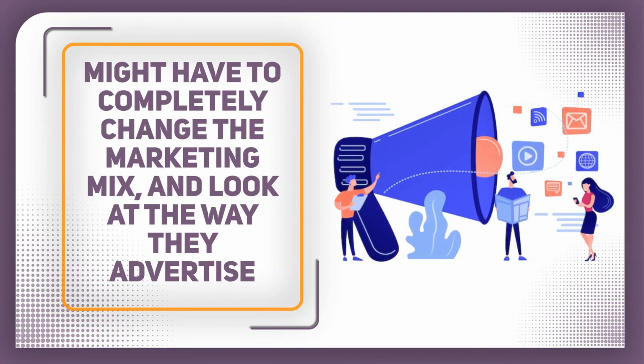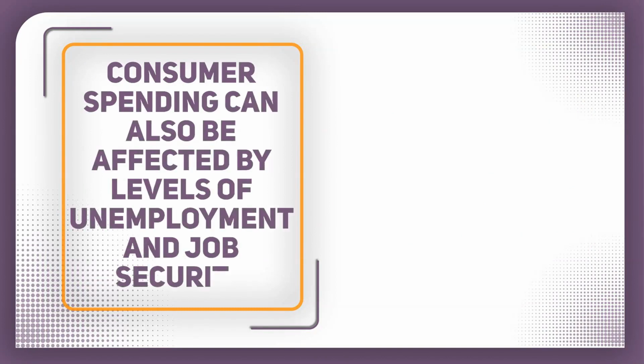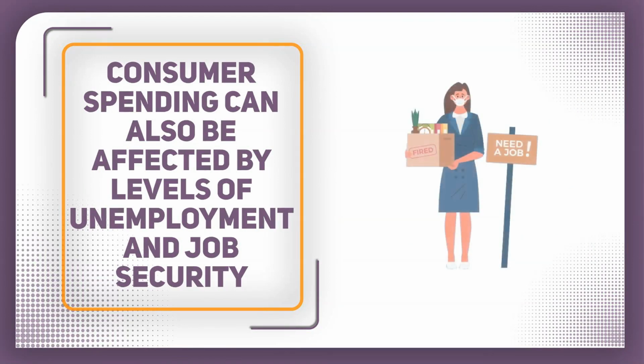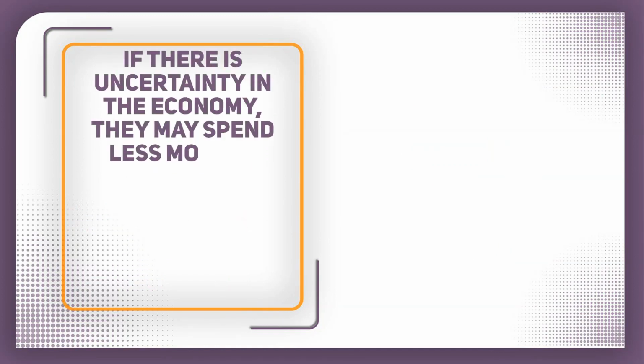So we've seen that there is a strong link between consumer income and consumer spending. Consumer spending can also be affected by levels of unemployment and job security. If people feel that their jobs are safe, then they are more likely to spend money. If there's an uncertainty in the economy, they may spend less money.